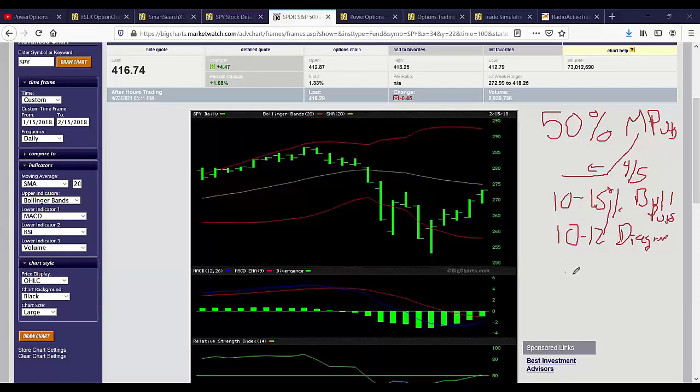And so then I might have about 4 or 5% sort of playing around with some fun, and this might also include a standard collar. I might have some standard collars in this 50% because they're more capital consuming. So 4 or 5% might be in something such as a long straddle or long strangle around earnings, essentially a lottery ticket.